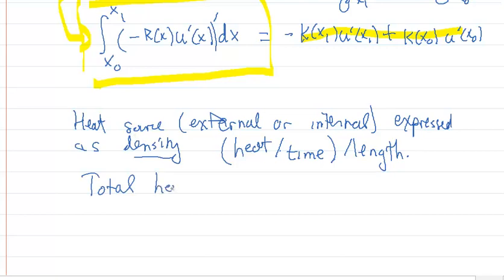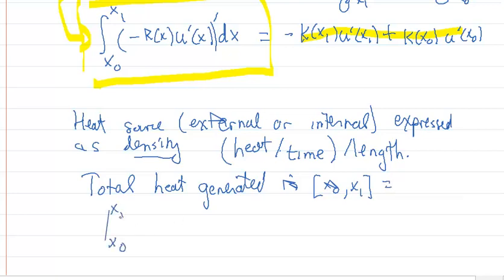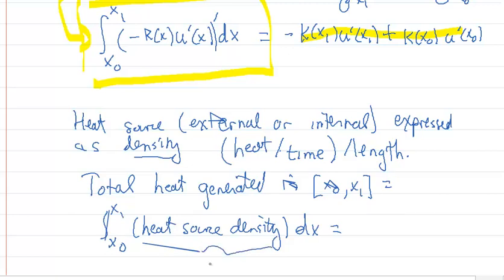So the total heat generated in this interval will be equal to the integral from x0 to x1 of the heat source density. We'll call that heat source density f of x. So it's the integral from x0 to x1 of f of x dx.